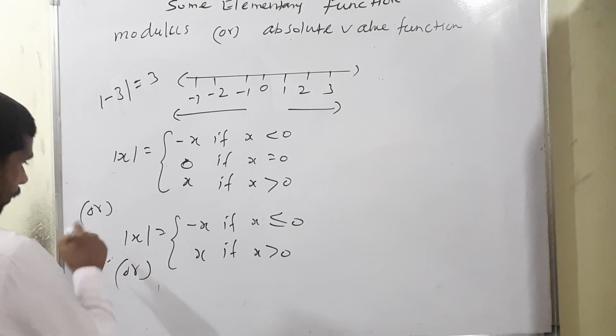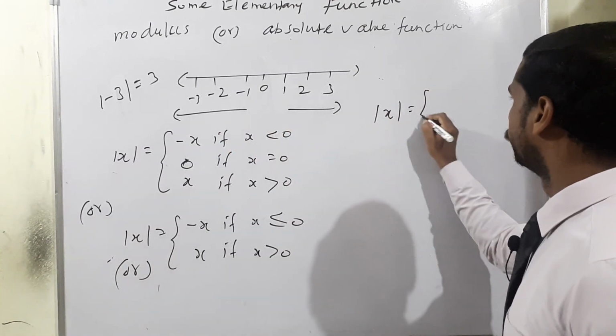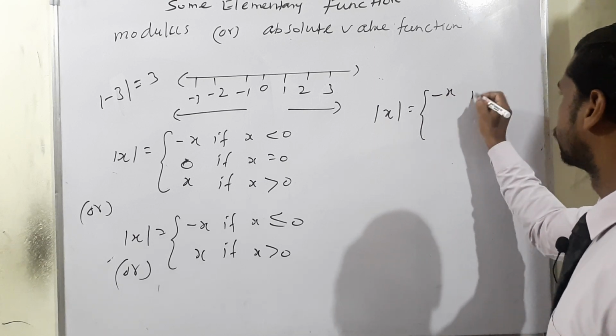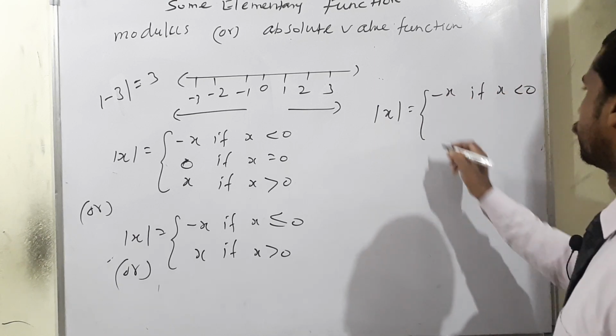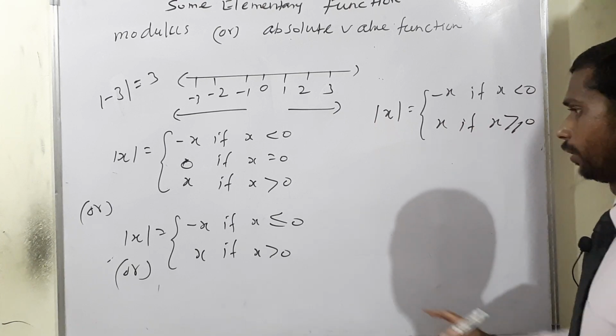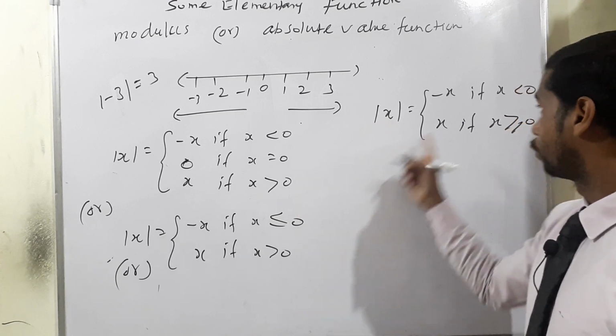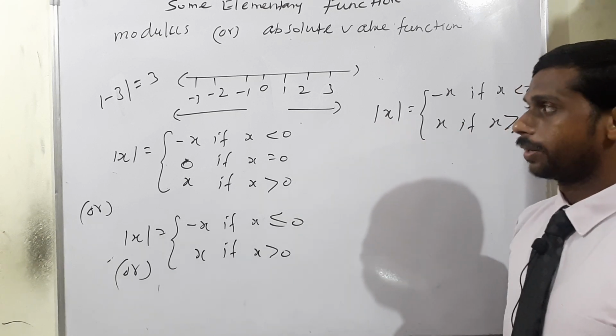Or the same function modulus x has two different outputs: minus x if x is less than 0, and positive x if x is greater than or equal to 0. We can write it in 3 different ways, okay.